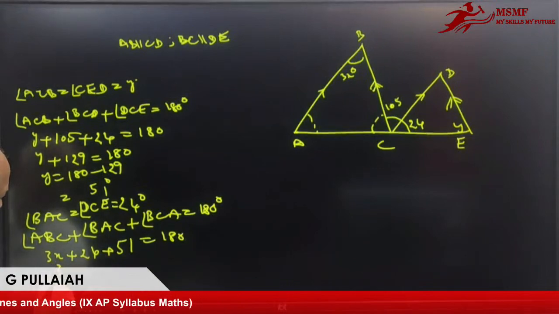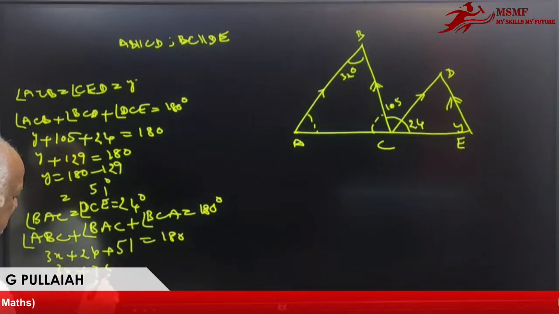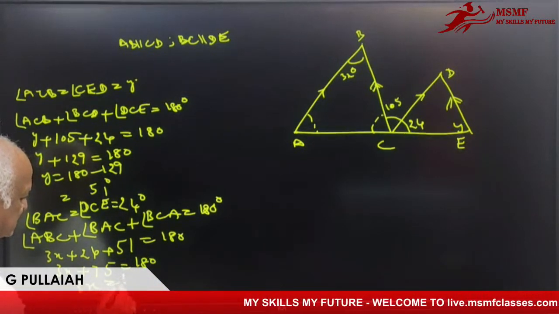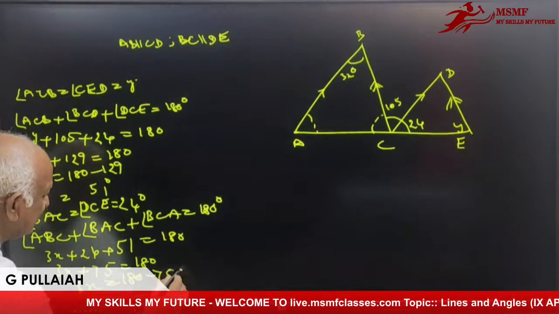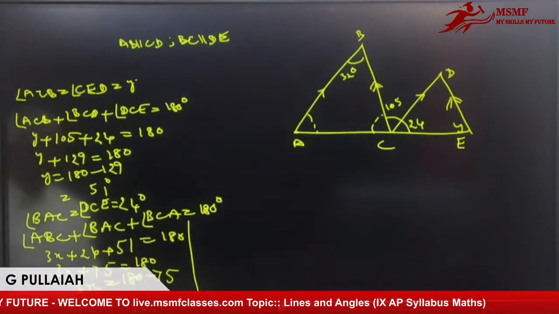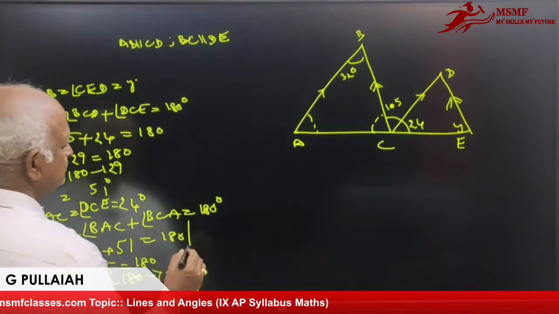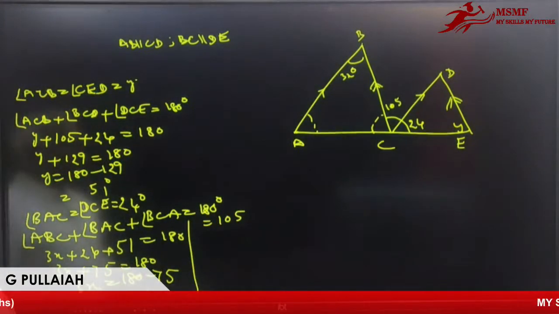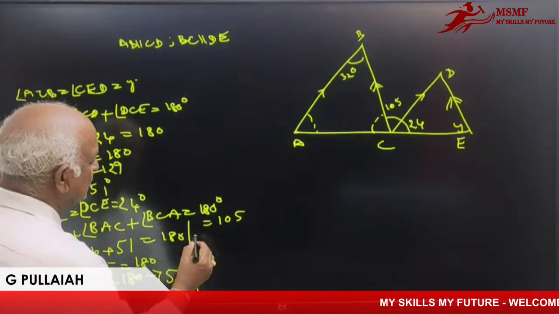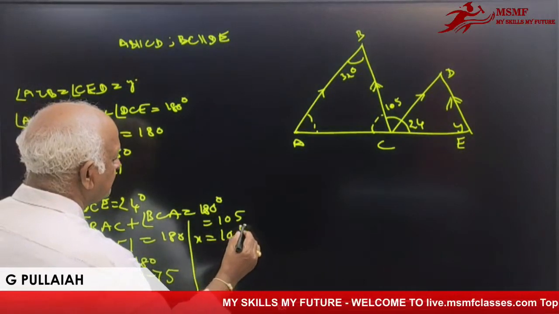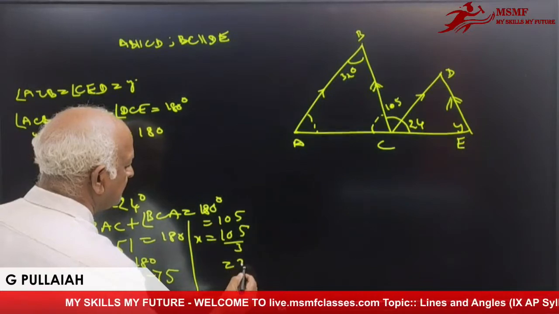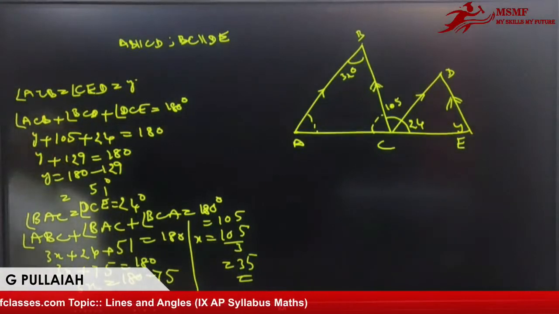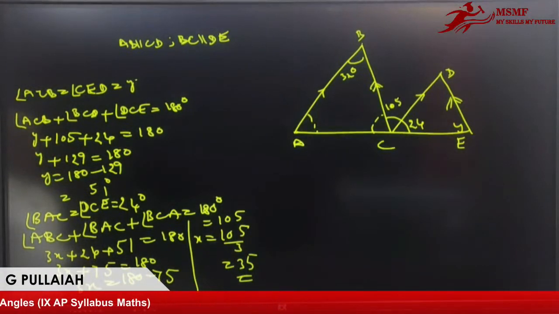So 3x plus 75 equal to 180. So 3x is equal to 180 minus 75, so 3x is equal to 105 and x is equal to 35. So now the value of x is 35 degrees and the value of y is 51 degrees.